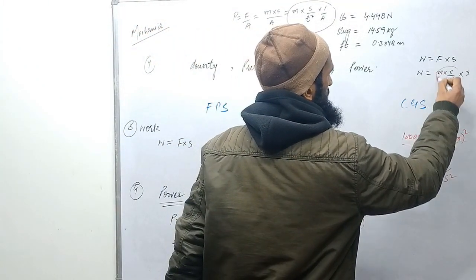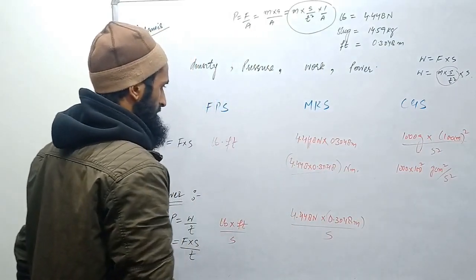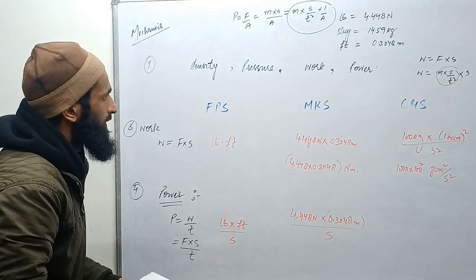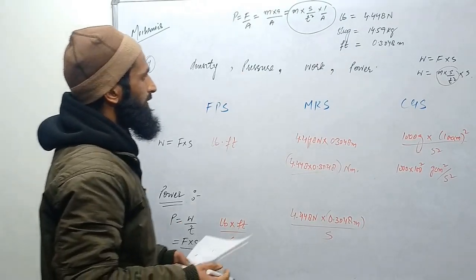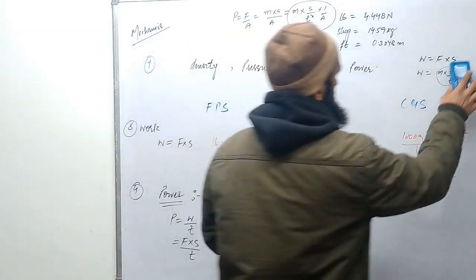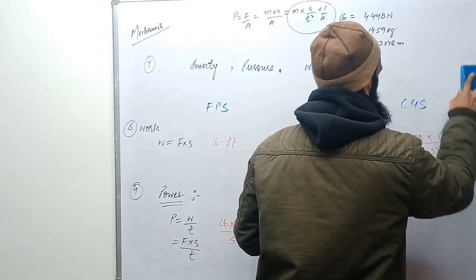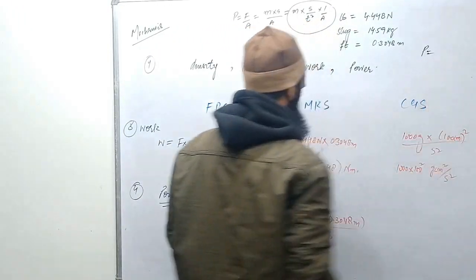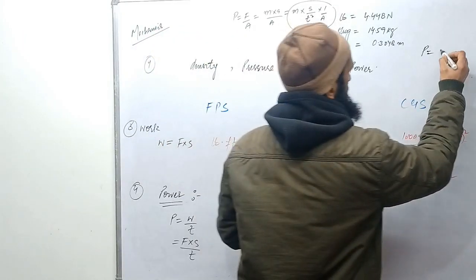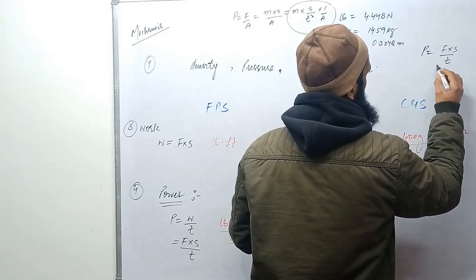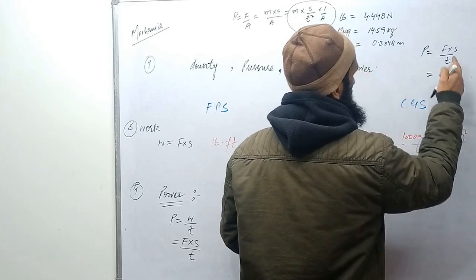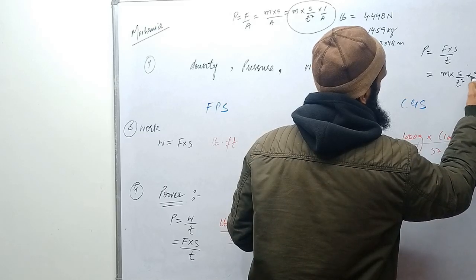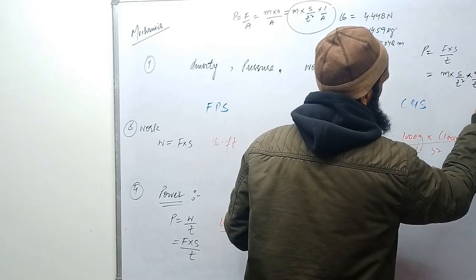This is force multiplied by distance. Power is equal to force multiplied by distance divided by time. Force is equal to mass into acceleration. Acceleration we know is distance divided by time square, multiplied by this distance divided by this time.